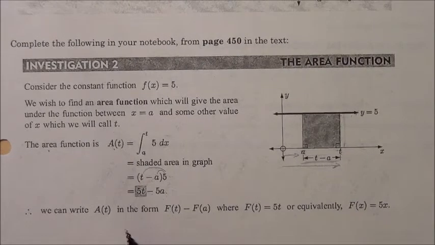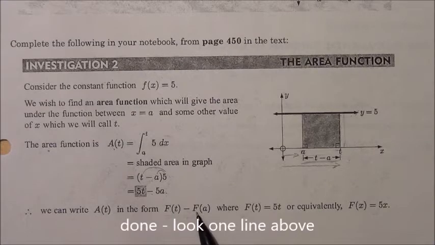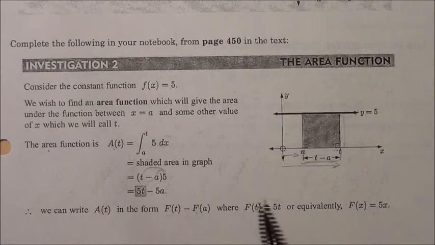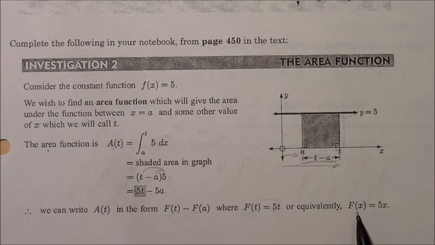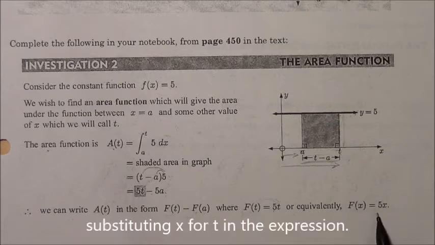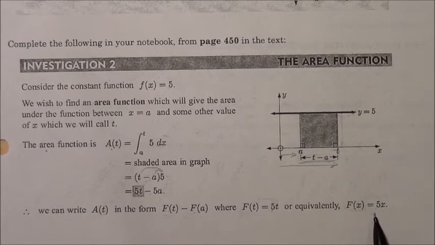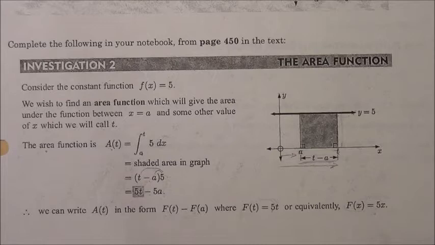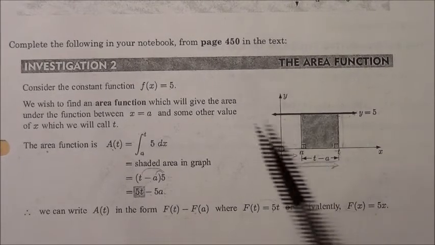Okay, so then if we write this area of t in the form of f of t minus f of a, f of t equals 5t, and f of x then would equal 5x. Well, notice what happened when we looked at those last examples for the anti-differentiation.